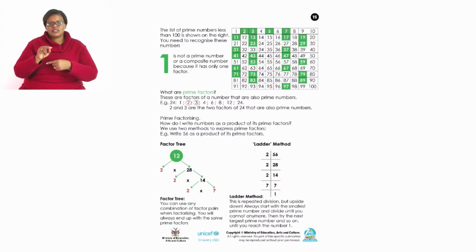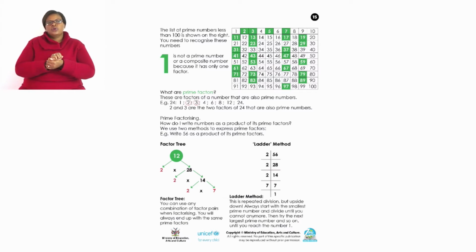So the numbers on the left side are prime factors, which are 2 and 7. And that is how you use the ladder method to factorize the number 56.